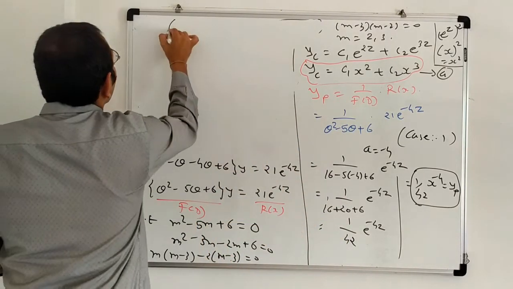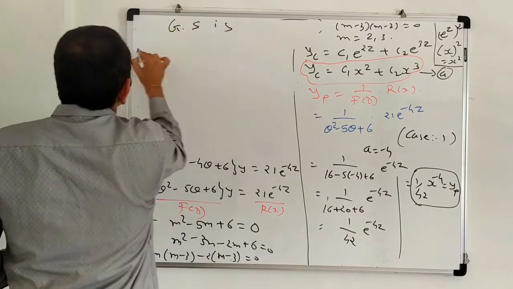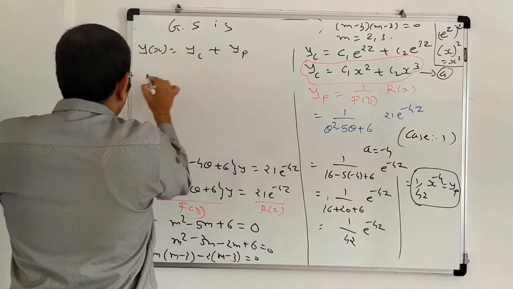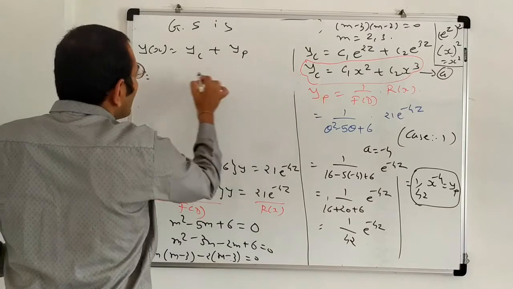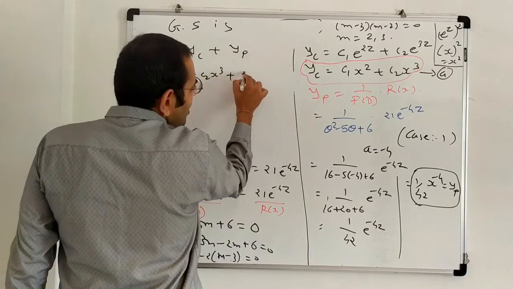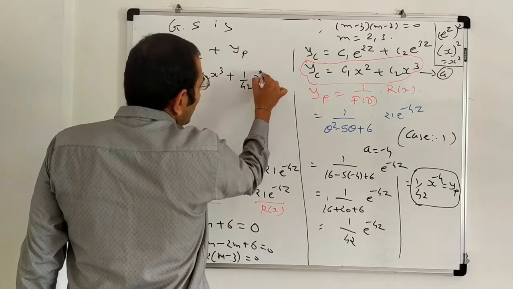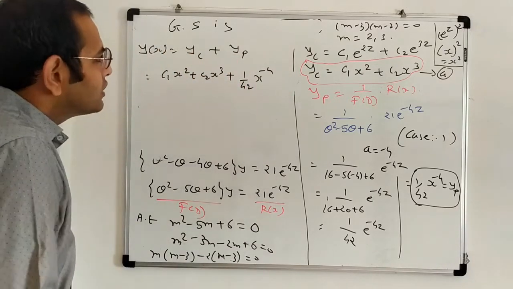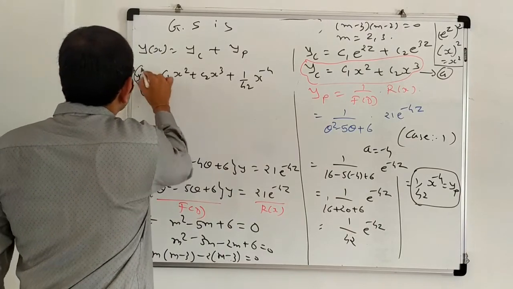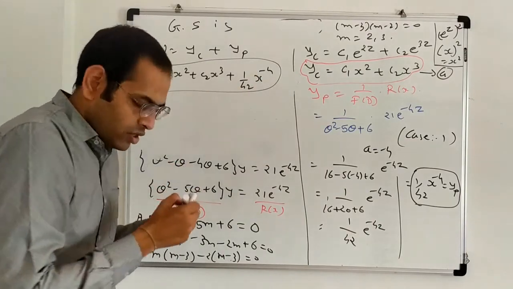Then general solution is y of x equal to yc plus yp. Then substitute the values of yc, that is c1 x square plus c2 x cube plus 1 by 42 x raised to minus 4. Clear? That is our general solution.